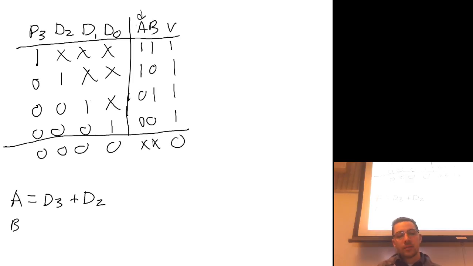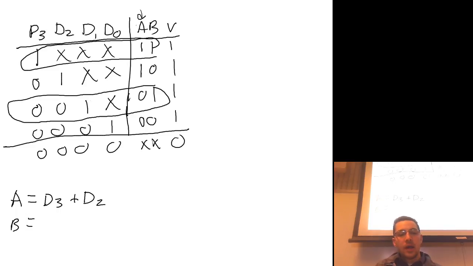For B, we have to look at these rows here that are 1. And we could say, all right, D3 or, well, D1 wouldn't quite work, because it would conflict here.